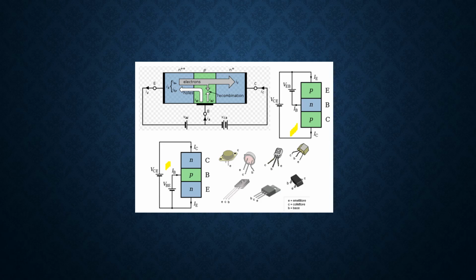Now here we have got different switches, so that we are saying that our BJT can act as a switch. Here E means emitter, C means collector, and B means base.